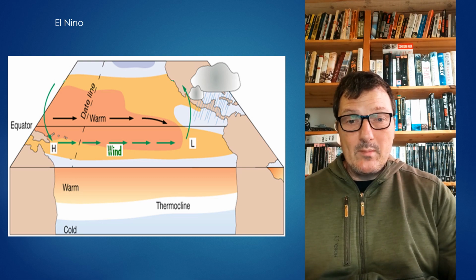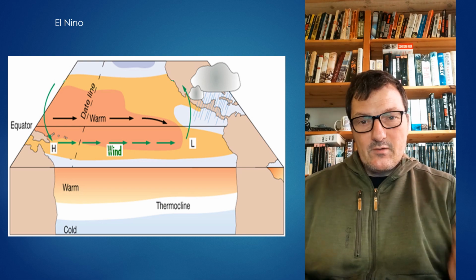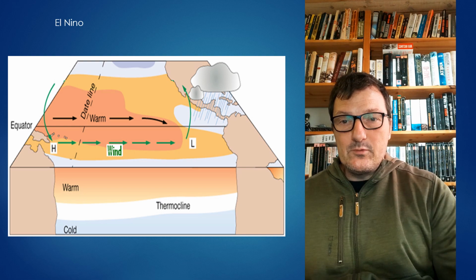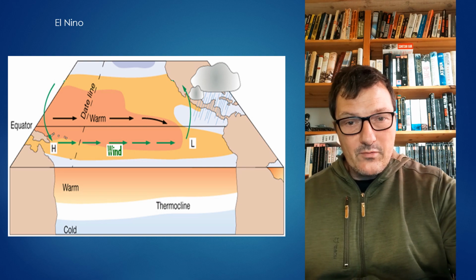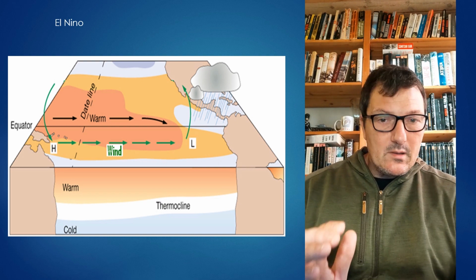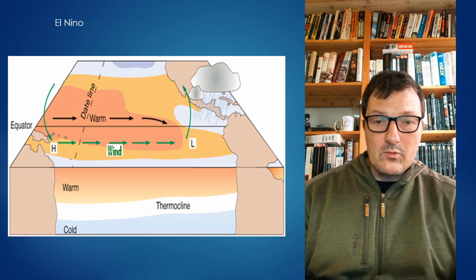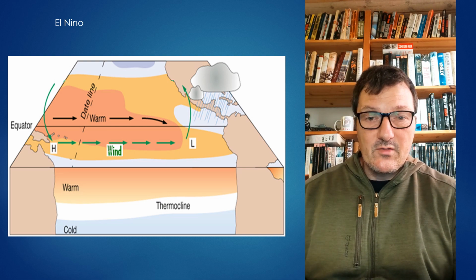This leads to a much lower primary production, and of course gives less energy up the food chain. It also changes the weather system, so we have more rain along the coast of Chile and South America, and more dry and hot weather around Australia, which can lead to brush fires and other incidents.